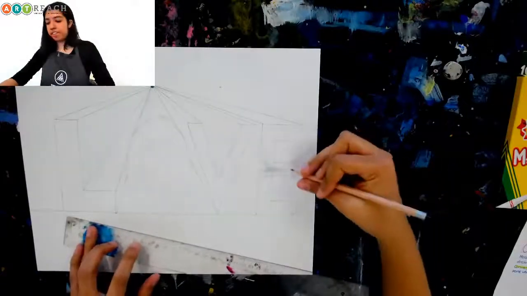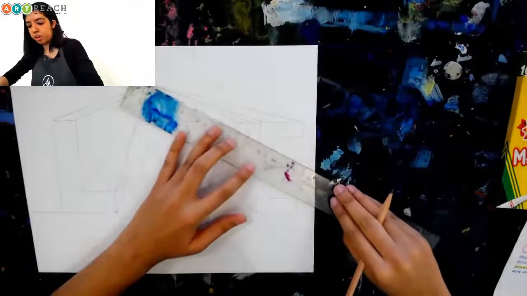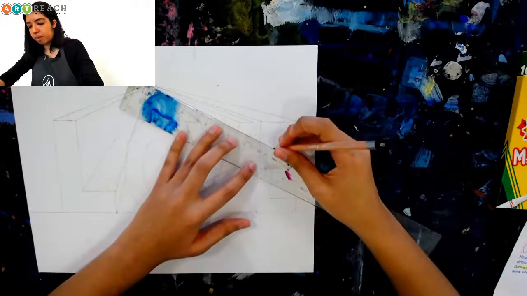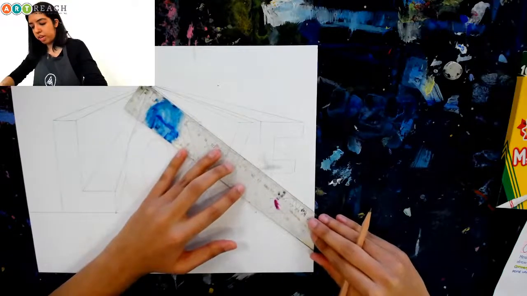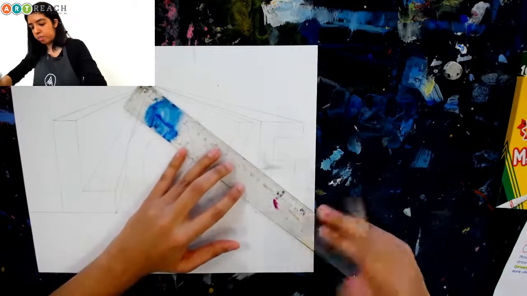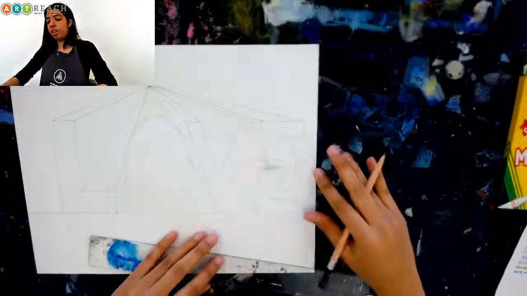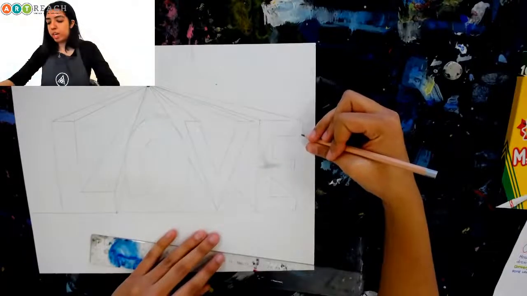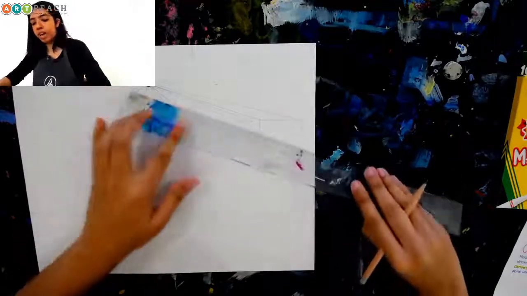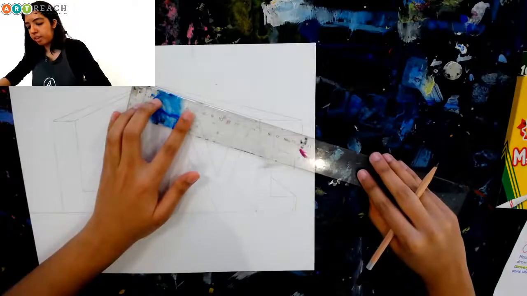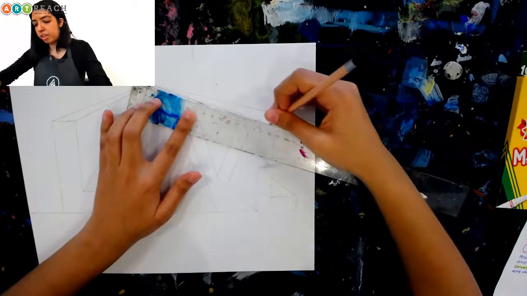Okay, and now it's these lines right here. So what I'm going to do is go ahead to this corner and angle my ruler, and this corner over here, and angle my ruler to that vanishing point. So now for these points over here, same thing, you wouldn't see them because they would be behind the other lines of the E. So for this line, for example, you wouldn't see it because it would go behind the letter.